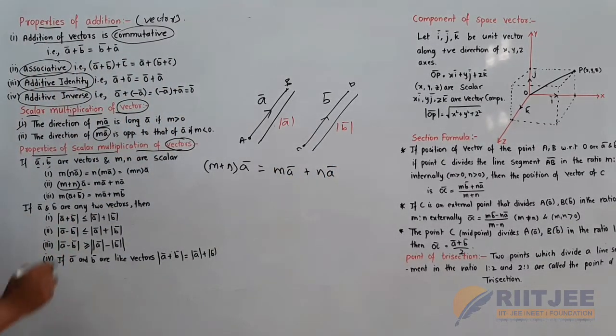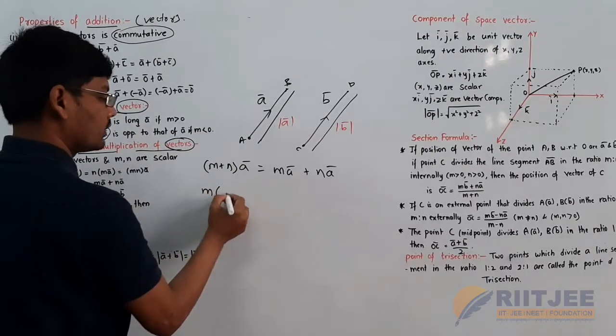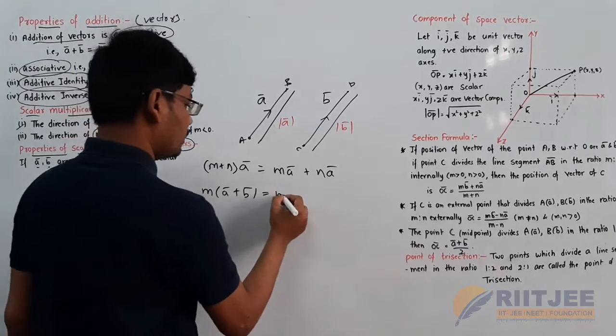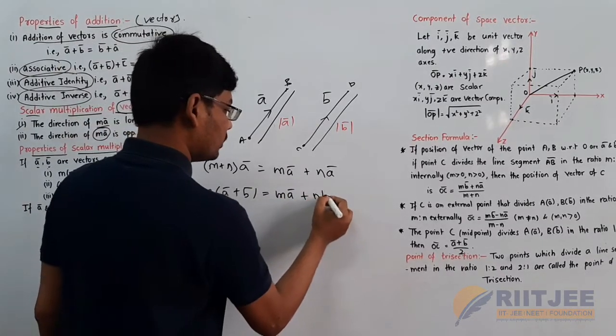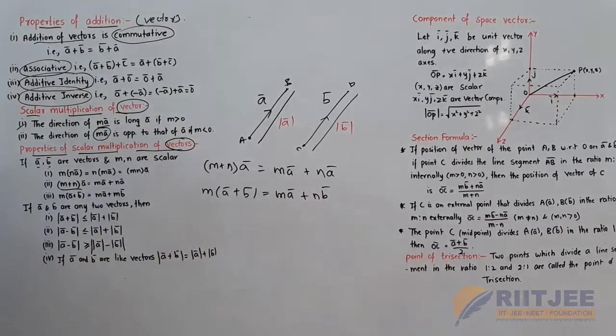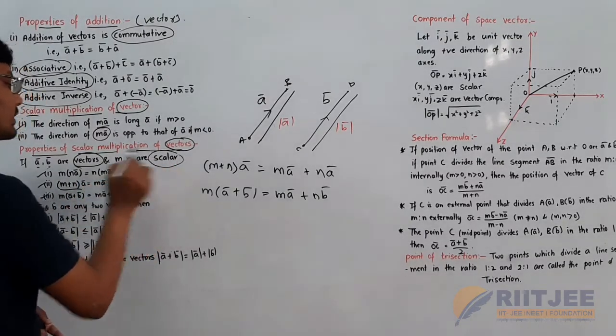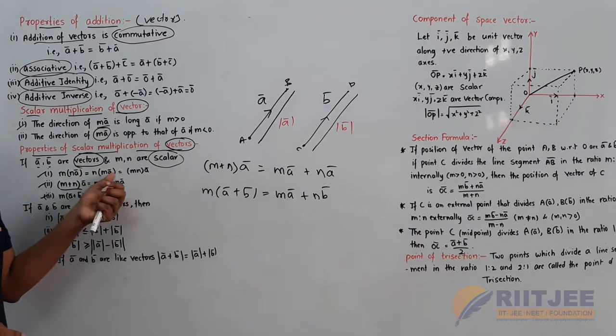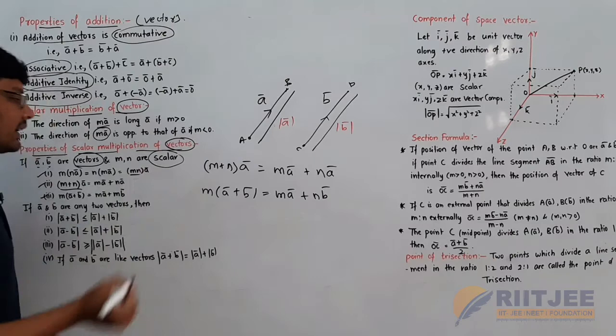And the next one is m into a bar plus b bar. Here we have two vectors, m into a bar plus n into b bar. Here this is the third property. Here we have three properties, where a bar, b bar are two vectors and m and n are two scalars. M into n of a bar, n into m of a bar, where you can multiply m into n directly.